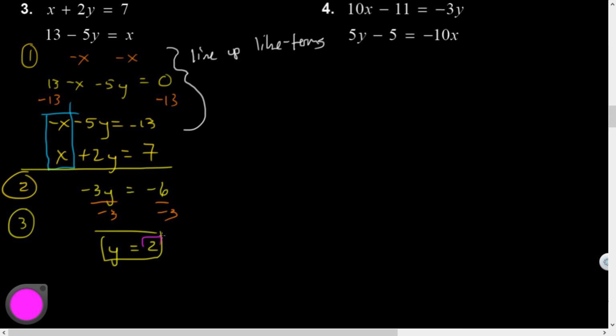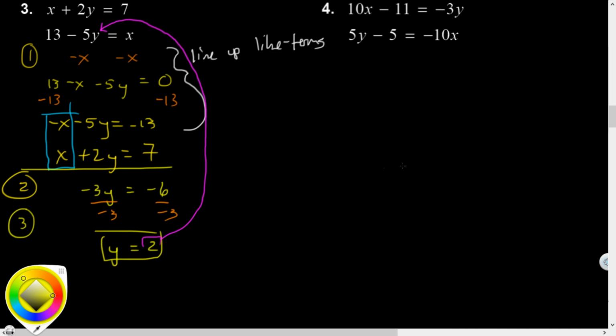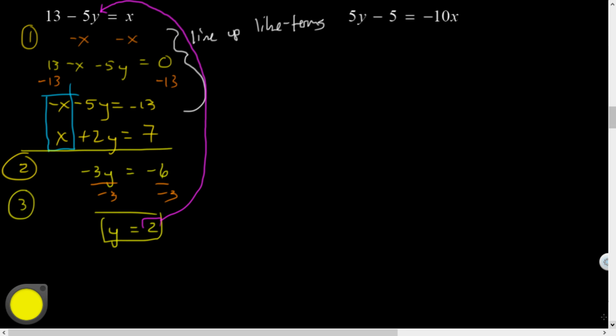I think the best place to plug it is right here. Why do you think I like this equation? Notice that this one is already solved for x. So that's convenient. Let's plug it into that one and solve for x.